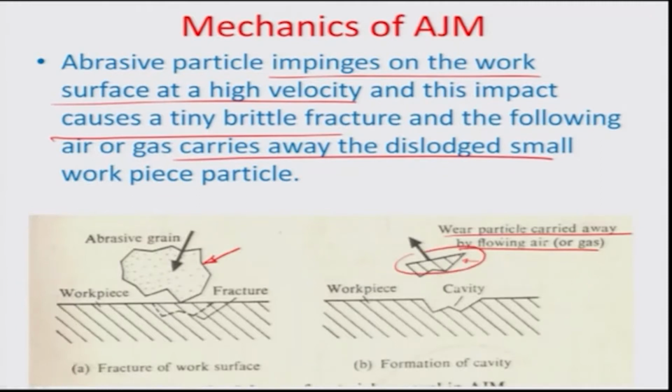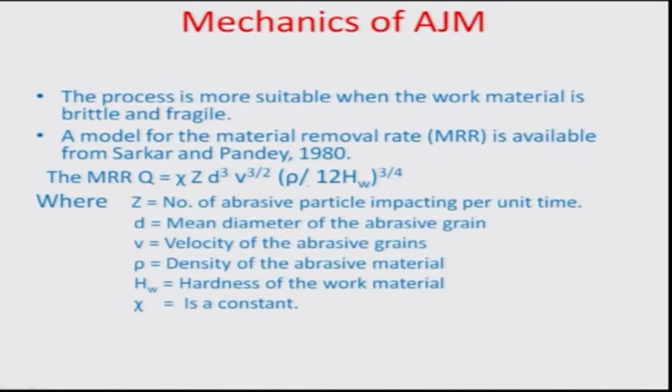So you have a crack formed in this zone, and whatever comes out, this chip, is carried away by the air flowing along with the abrasive grain. That's how the actual material removal is done in abrasive jet machining. So the process is more suitable when the work material is brittle and fragile.